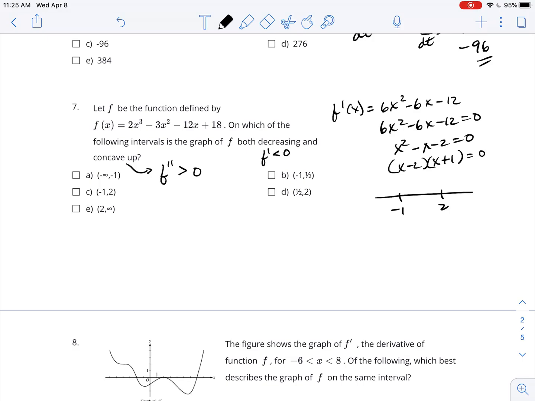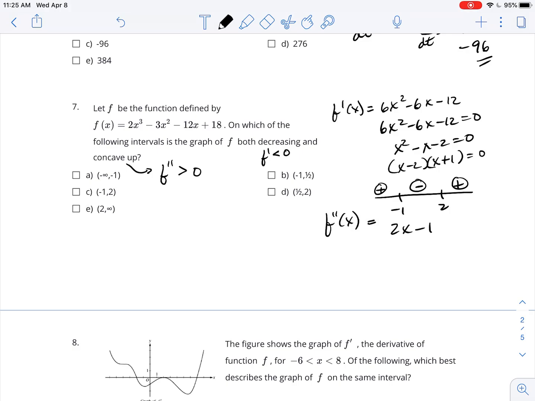This guy is going to give me positive 2, and the second factor is going to give me -1. If I test these intervals, we're increasing up to -1, we are decreasing between -1 and 2, and we are increasing after 2.